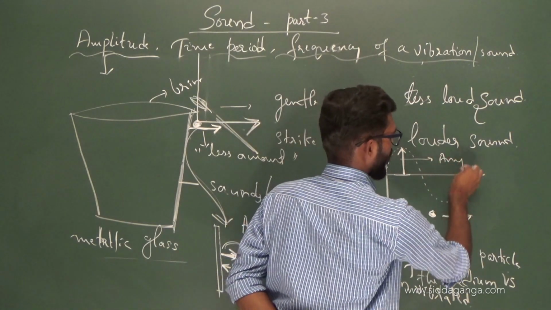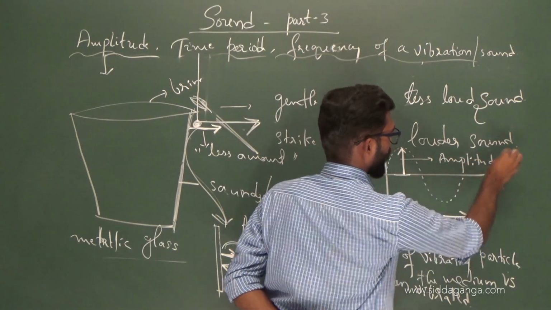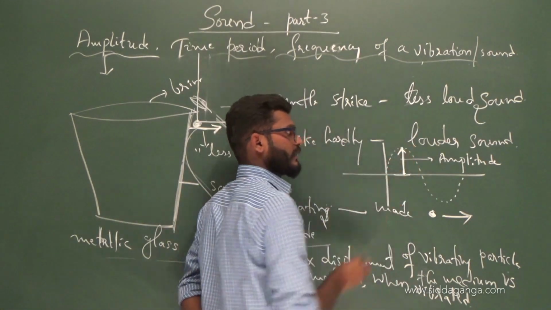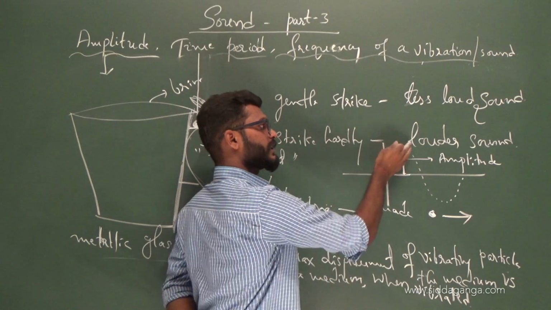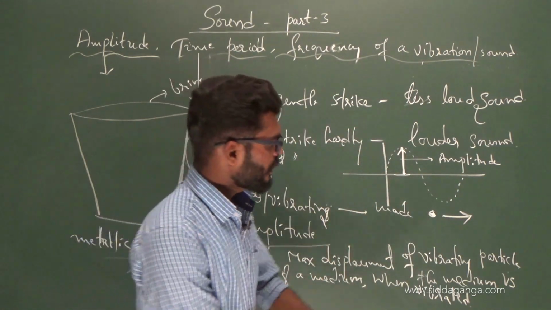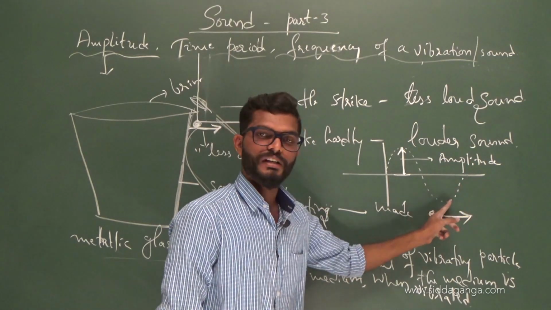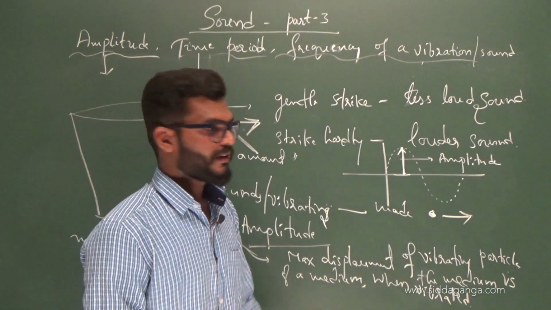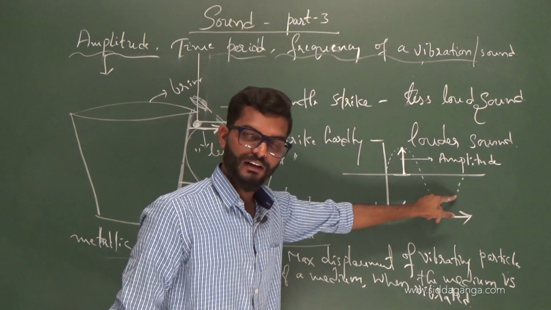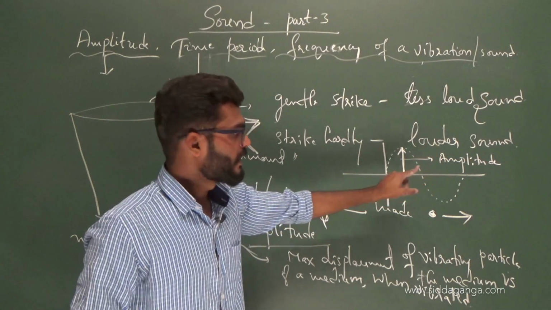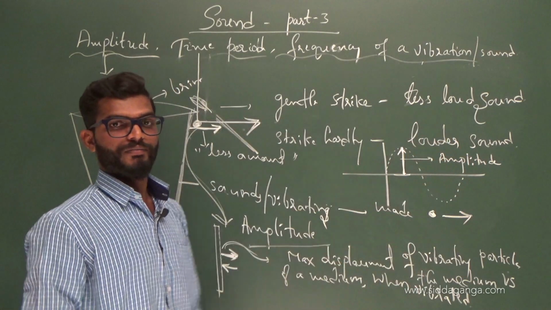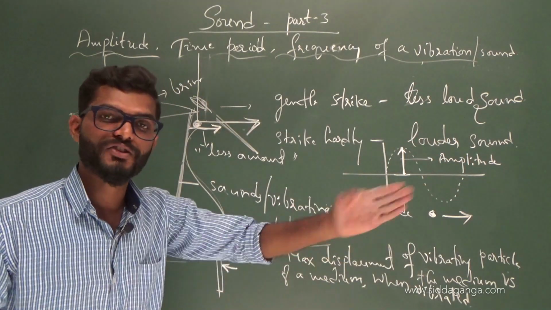The top one we call crest, the bottom one we call trough. Crest, CREST, trough, TROUGH. So to and fro motion, if one is represented by a crest, the other can be by a trough. So the displacement is the amplitude of that vibration.